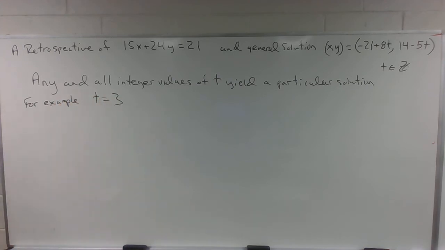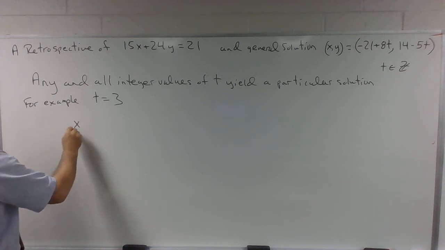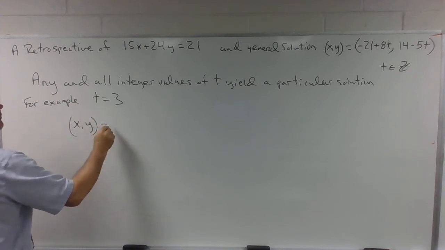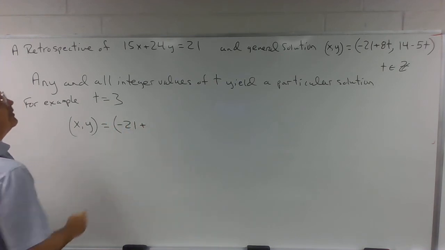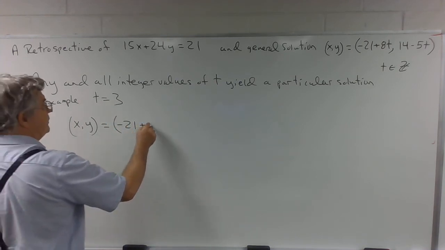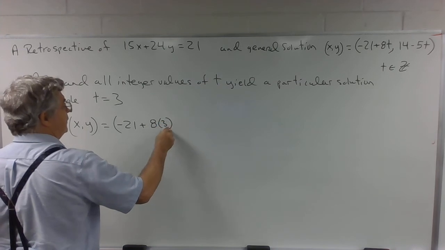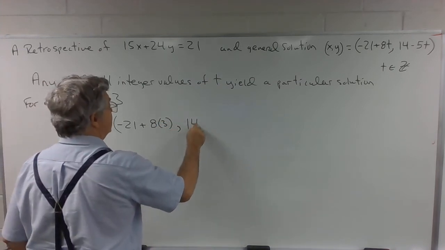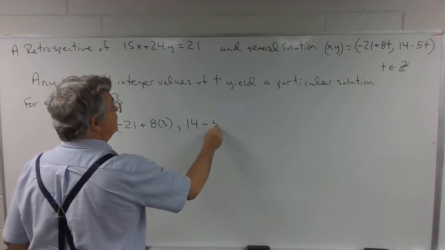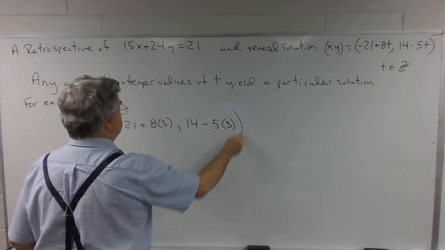Let's just take t equal 3. So we have negative 21 plus 8 times 3. And we have 14 minus 5 times 3.